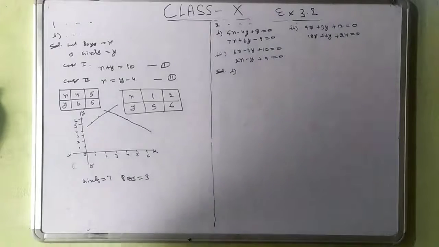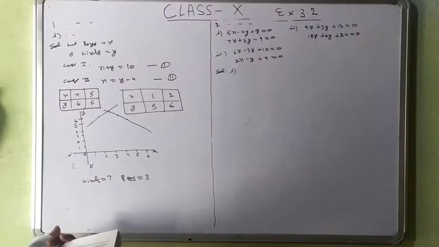Right, now part number second. 5 pencils and 7 pens together cost rupees 50, whereas 7 pencils and 5 pens together cost this one.